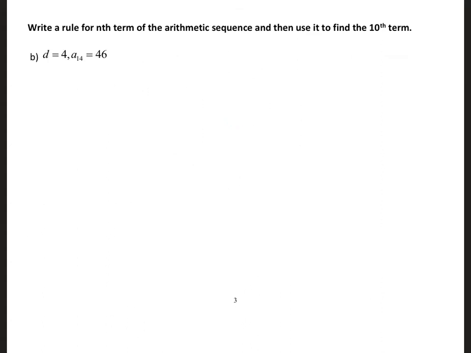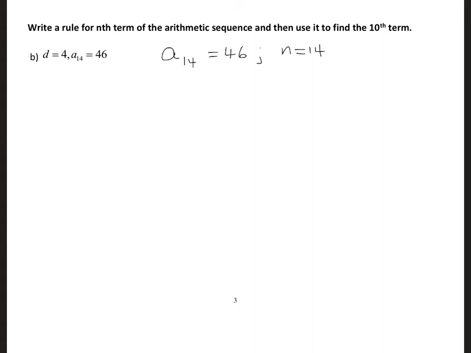So here we are given the common difference and we are given the 14th term. I'm going to use this information to find the first term. I'm given that the 14th term is 46, so that means n is equal to 14.